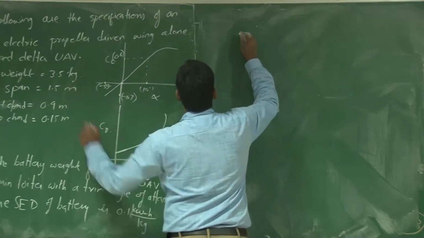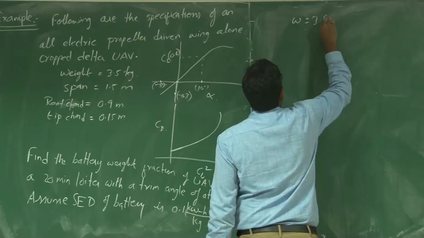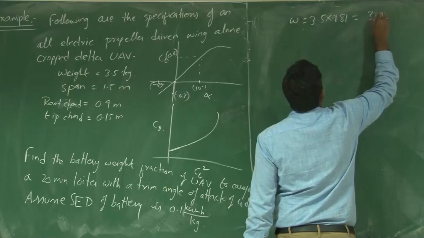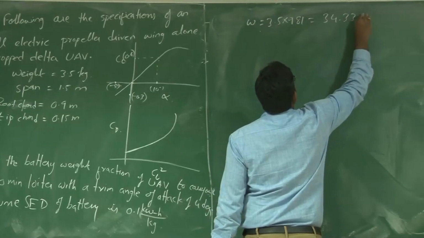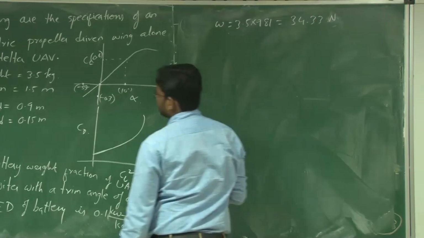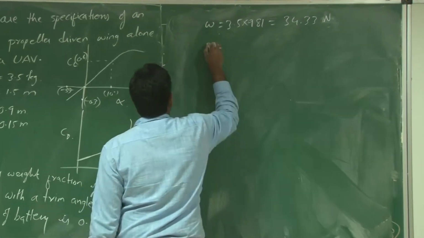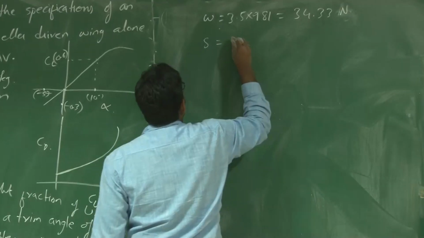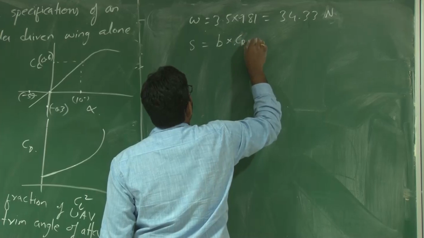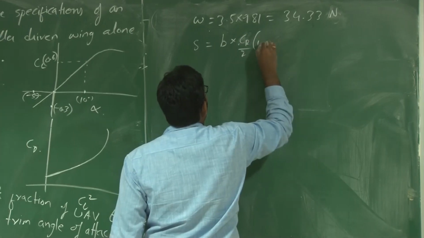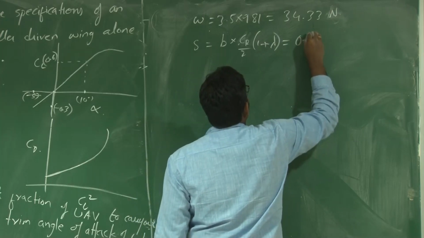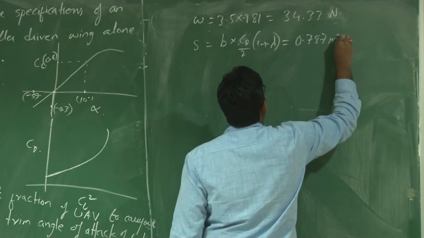For this configuration the weight is given as 3.5 into 9.81, which is 34.33 newtons approximately. S is again V into lambda CR by 2 into 1 plus lambda, which equals 0.787 meter square.